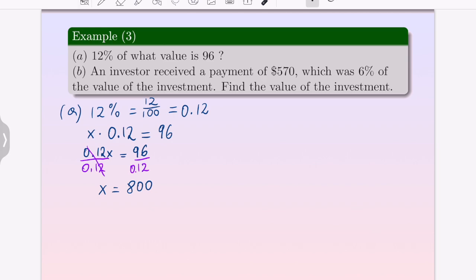So the original amount was 800. So 12% of what value is 96? 12% of 800 is 96.